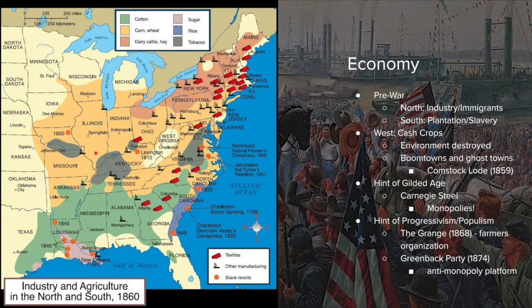So they're basically making no money. So they form this organization, the Grange, in order to get better prices for their crops. We also get the Greenback Party at this time, which is an anti-monopoly platform. So you can see with these two bullet points the rise of this Gilded Age, the rise of monopolies and low regulation in the economy.